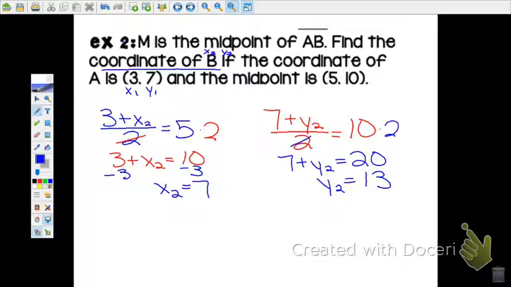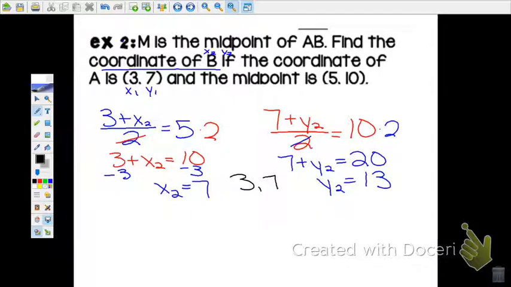But I'm going to show you another way you can approach this problem that you might think is a little bit easier. If I'm thinking about my segment, I have an endpoint on one end, and we'll use the one we know, this endpoint 3, 7.